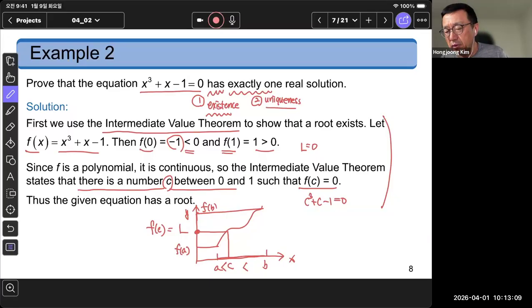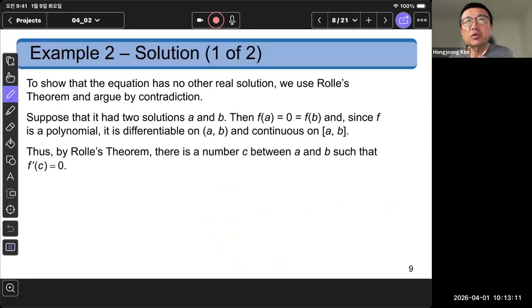let me assume that we have two solutions, say a and b. So f of a is 0 and f of b is also 0. Then this function x cubed plus x minus 1 is a polynomial.